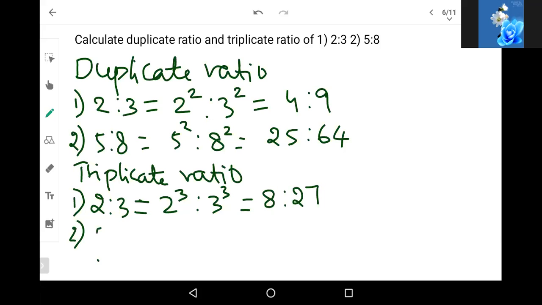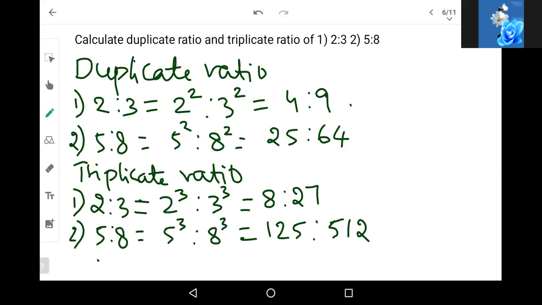Then 5:8. 5 cube is to 8 cube, 5 fives are 25, 25 fives are 125, is to 8 eights are 64, 64 into 8 is 512. So these are the duplicate and triplicate ratios of the given question. Understood? Any doubts in this? Duplicate and triplicate?